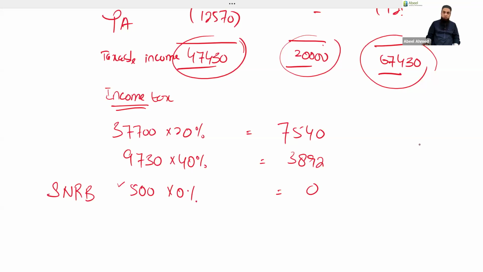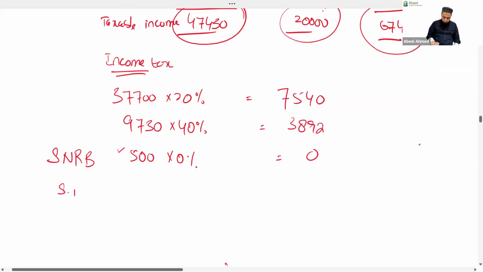So out of 20,000, the remaining 19,500 actually fall in higher rate band. And in case of higher rate band, saving income applicable tax rate is 40%.